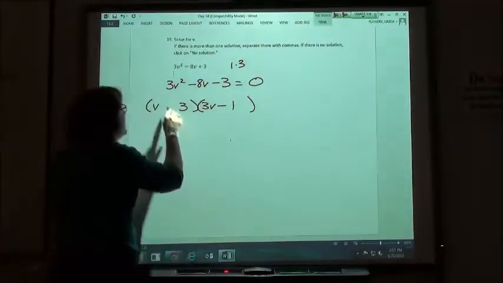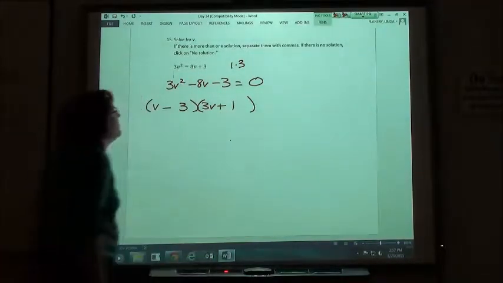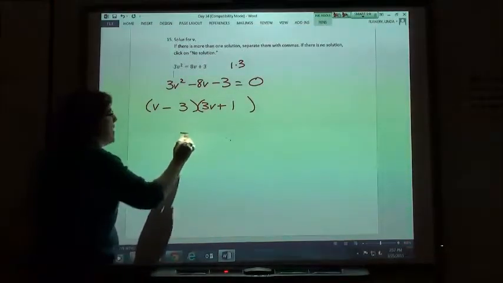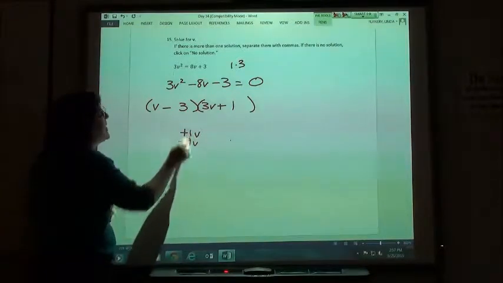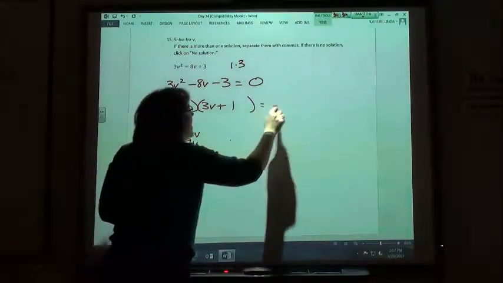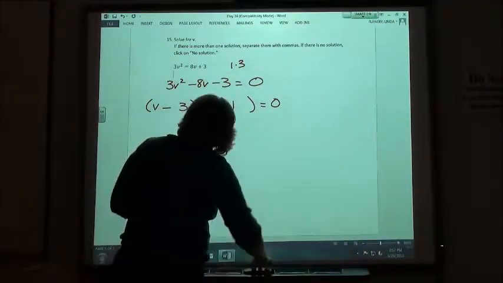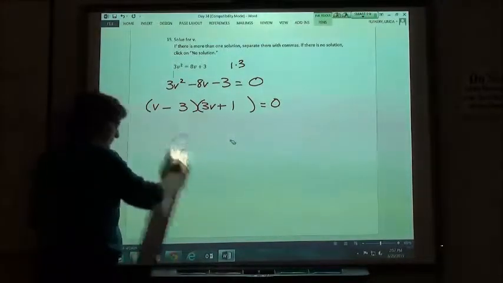I'm going to make this one the negative then, and this one the positive. Checking that out, I'm going to get a positive 1v minus a 9v, and 1 minus 9 is negative 8v in the middle. So now I have it factored the right way.